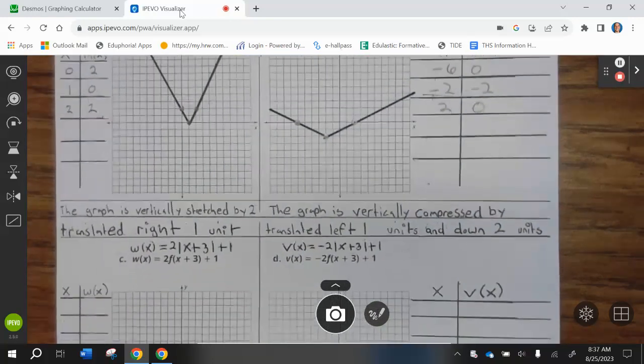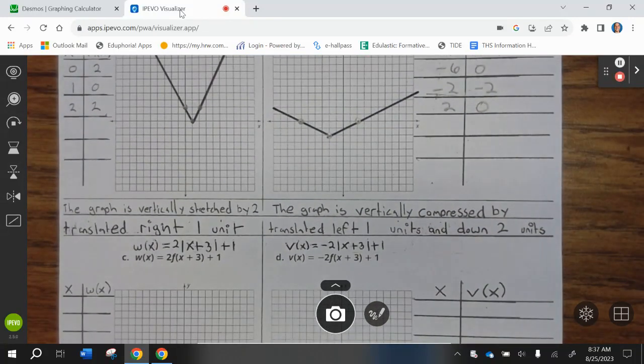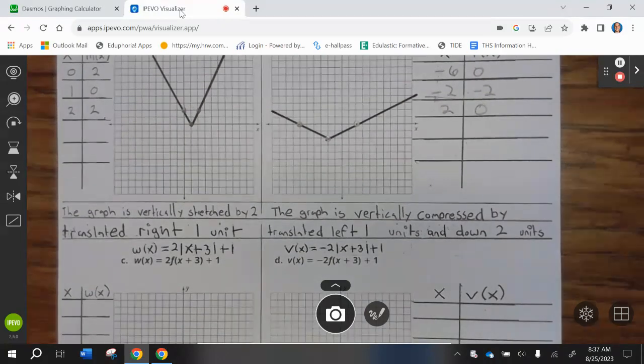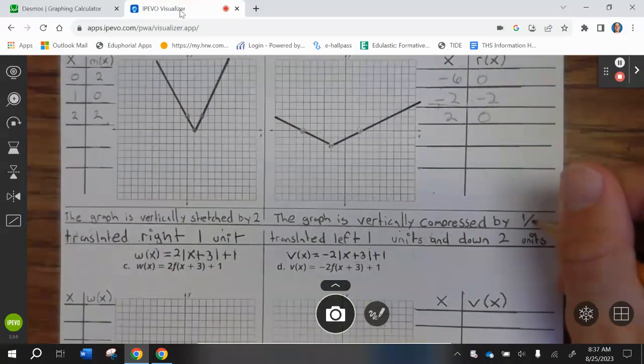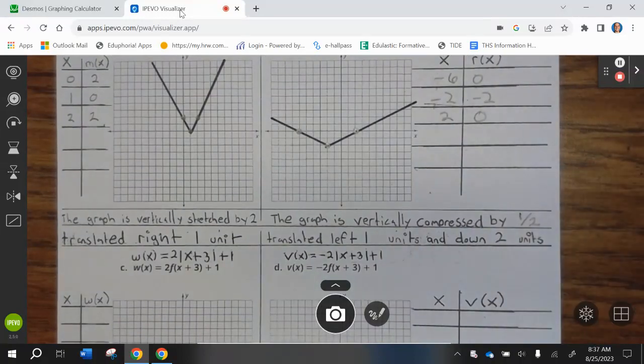So the graph is vertically compressed by 1/2, translated left 1 unit, and down 2 units.